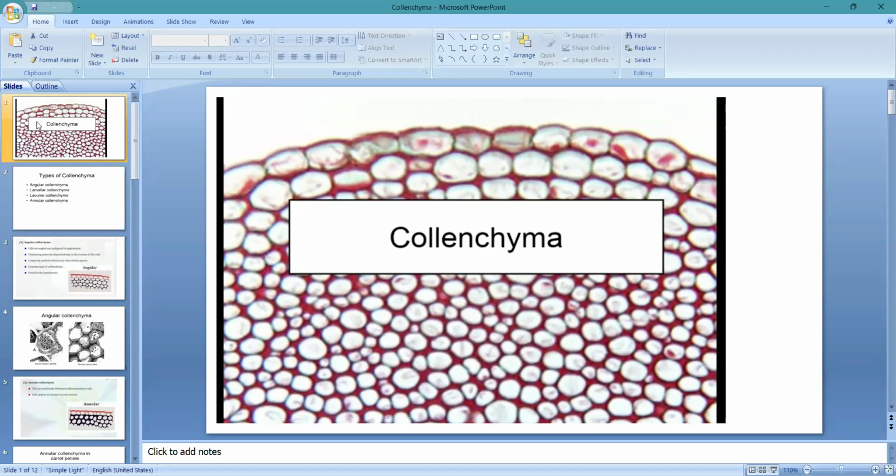Okay, coming to the shape and arrangement of cells. Collenchyma cells vary in shape and size. These cells are longer than ordinary parenchyma cells. See here some of the differences between parenchyma and collenchyma. You observe that the collenchyma cells have thickness at the corners.